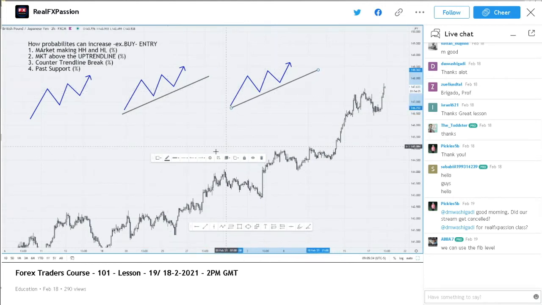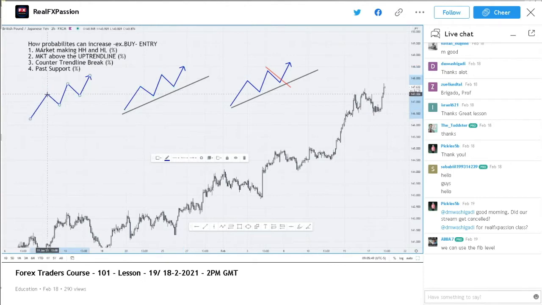So this would be 1, this would be 2, 3, counter trend line break. We are entering at the, and this would be the example, something like this.